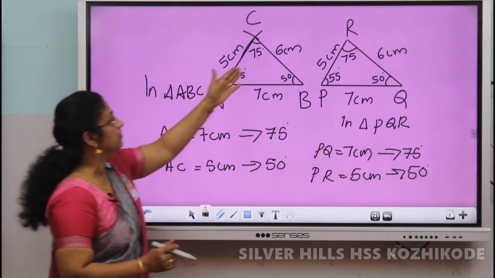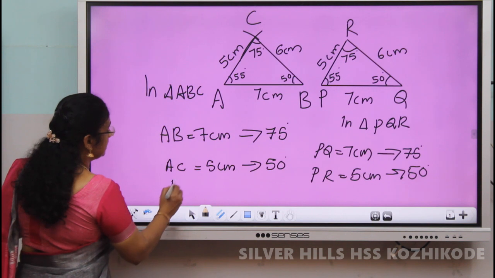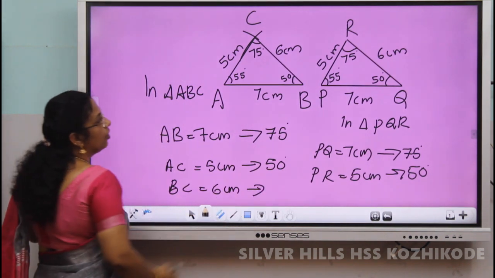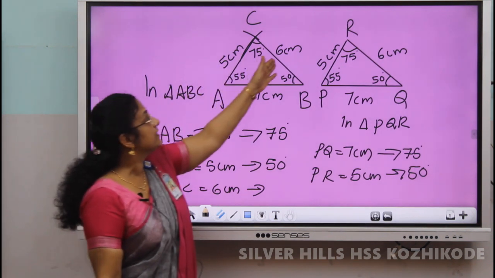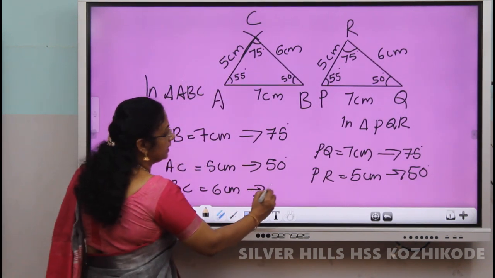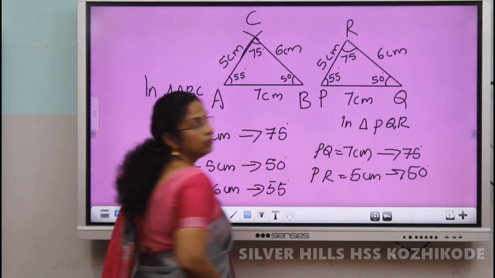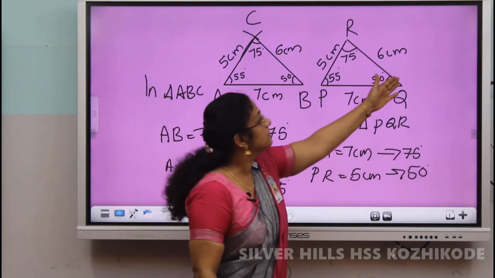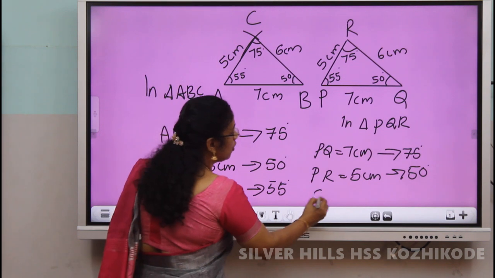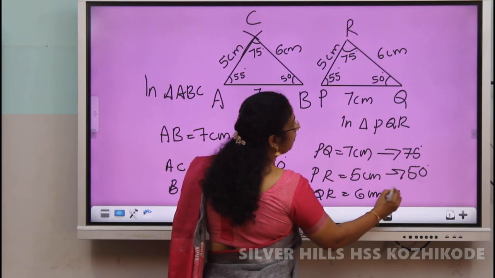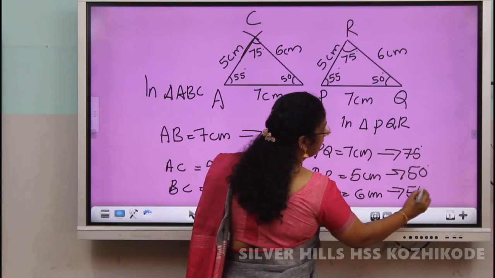The measurement of the middle, that is BC, equal to 6 centimeter. Opposite angle of this side is 55 degree. Here also the medium side is QR, 6 centimeter, and opposite angle is 55 degree.